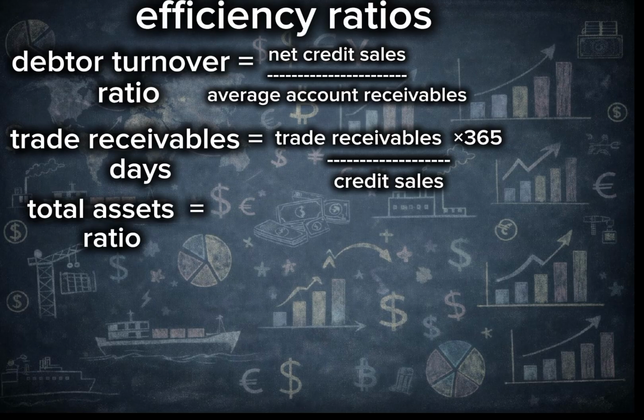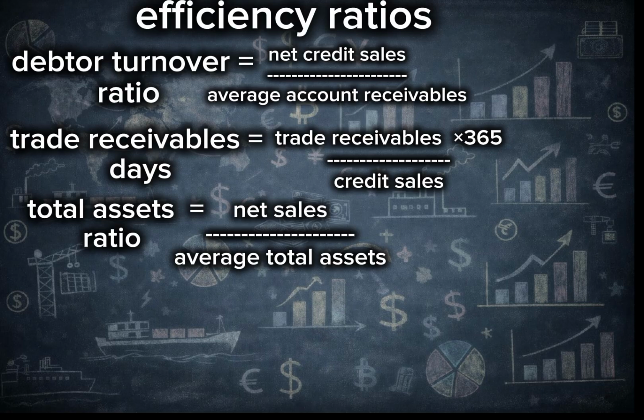Total asset ratio simply measures the number of times we can use our assets to generate sales. Therefore, total asset ratio is simply net sales divided by average total assets.